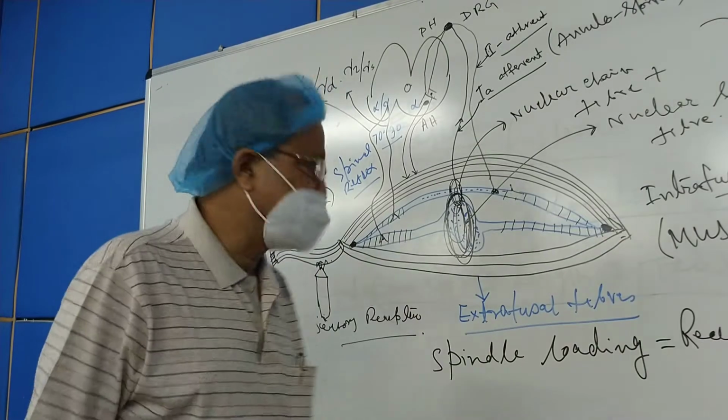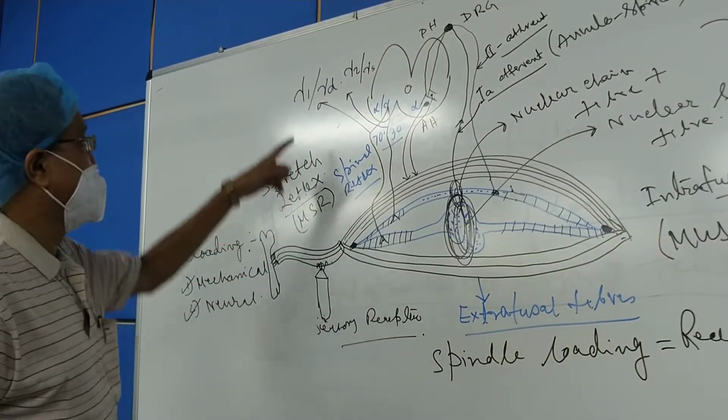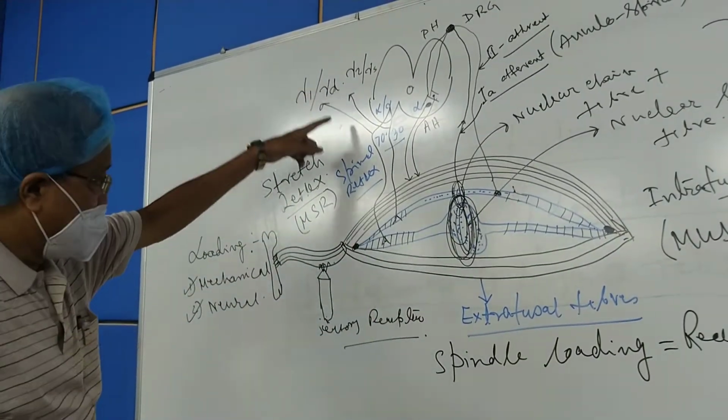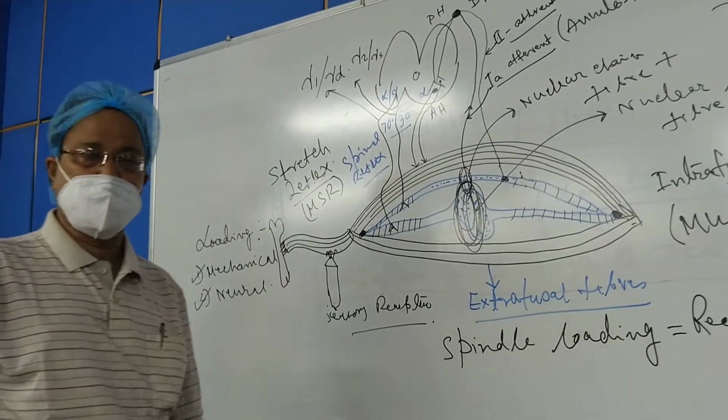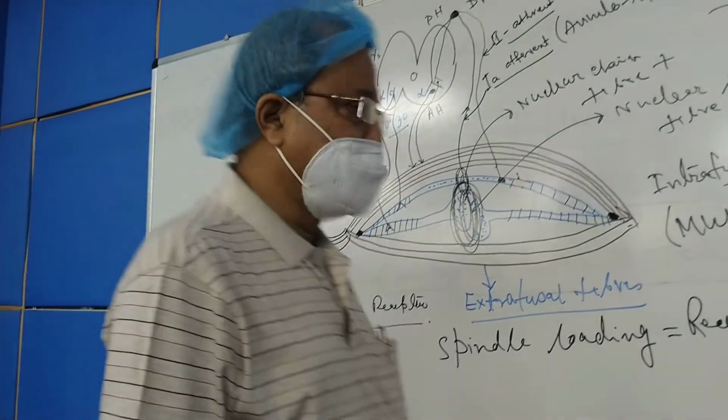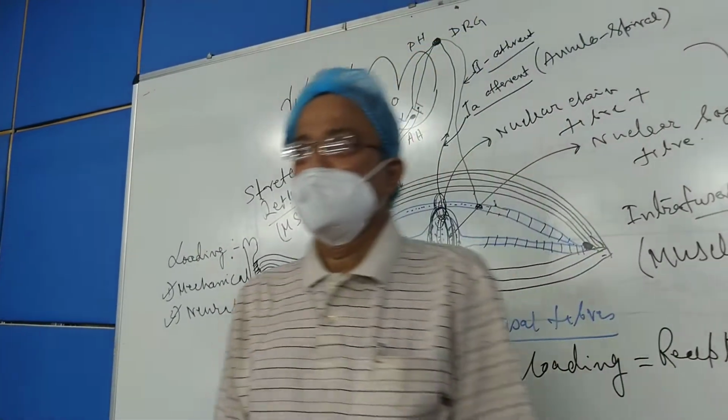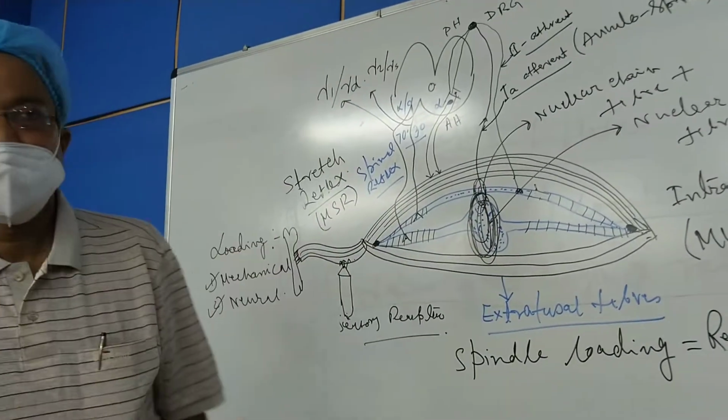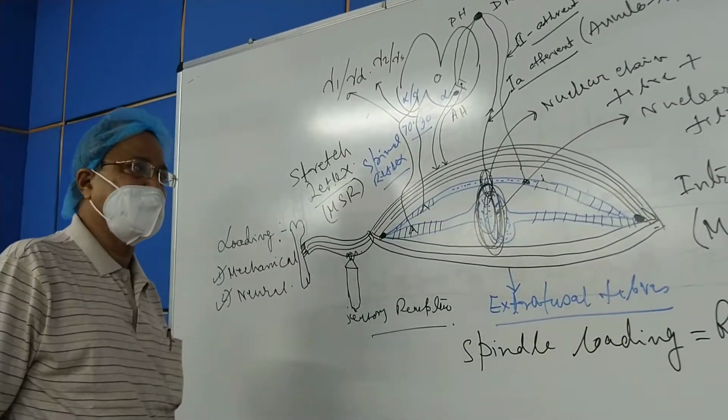Is this clear? So this is the neural mechanism. Why neural? Because it is due to the gamma motor discharge. This loading of the spindle is due to the gamma efferent discharge.